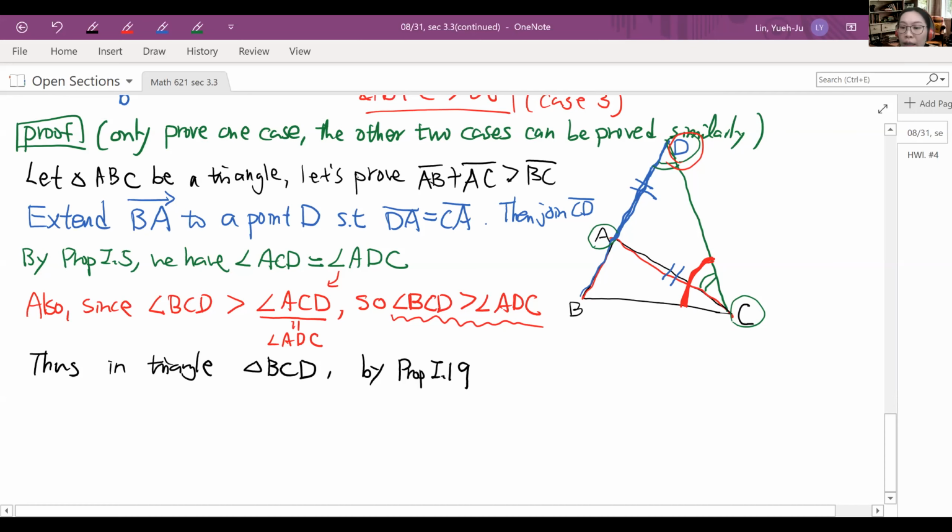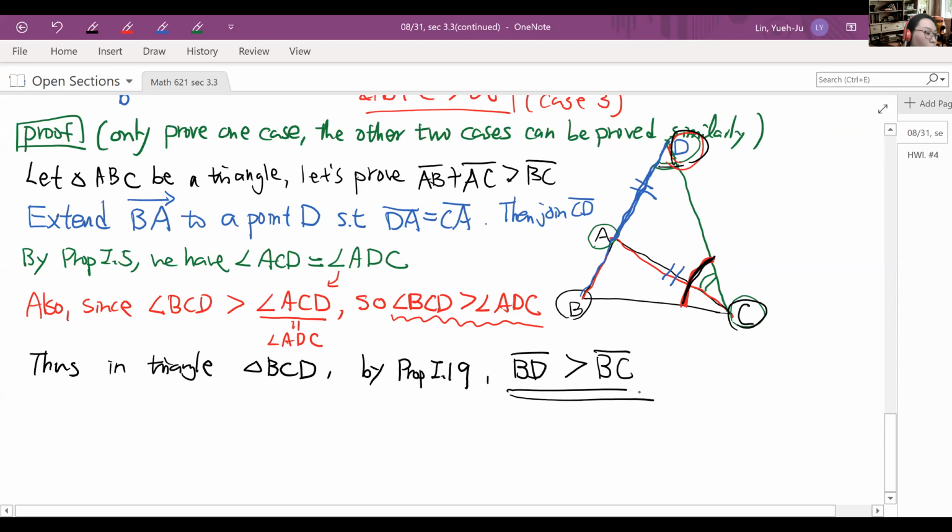So in triangle BCD, we already know that angle BCD is bigger than ADC, right? So the corresponding side of angle BCD, which is the side BD, should also be bigger than the corresponding side for angle D. This is obtained from 1.19.